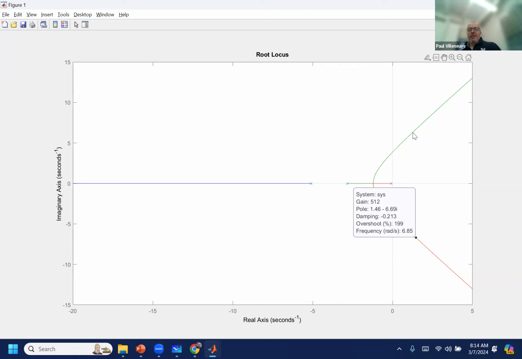And if I'm within the ballpark here, I was off a little bit, 439. I guess it's too close. So you can see 1.43 at 6.63. You can see they're almost the same. They're not exactly the same because I can't get exactly 512.